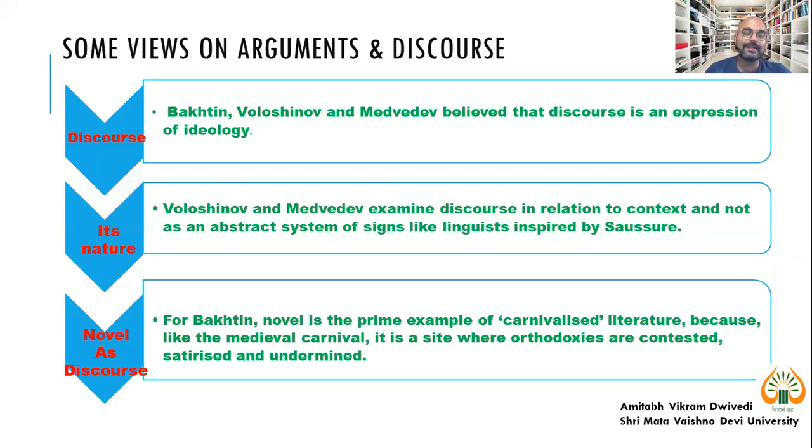In a novel, there are characters, there are settings, there are stories, and fictional things happen in a novel. Now, those fictional things are not normalized, they are contesting. Sometimes a tradition, a culture, a ritual is satirized.